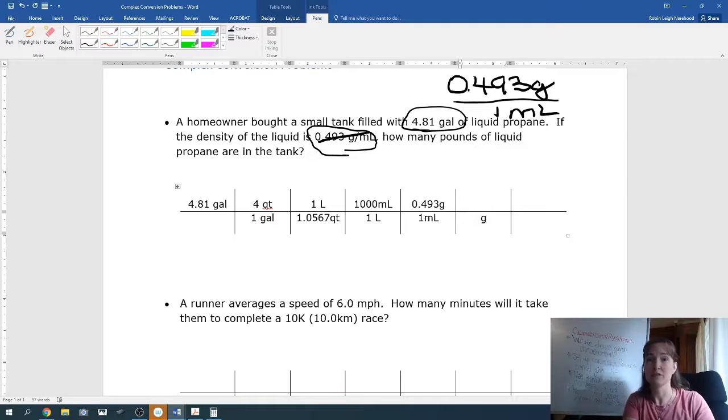We want to go to pounds, so we're in mass now, but now we want to go into pounds. And so grams, we need to go to something. And usually what I do is I have students learn kilograms to pounds, and then whenever you need to convert between systems, then you just get to kilograms so that you can get to pounds. And so then we just have to use what we know about kilograms versus grams. So there are 1,000 grams in 1 kilogram.